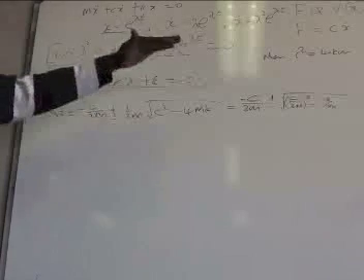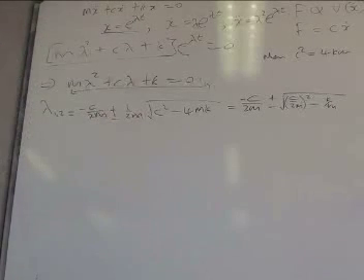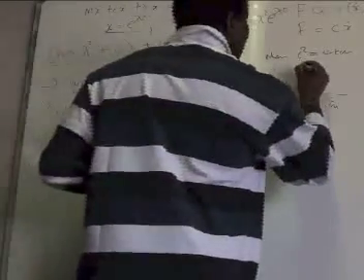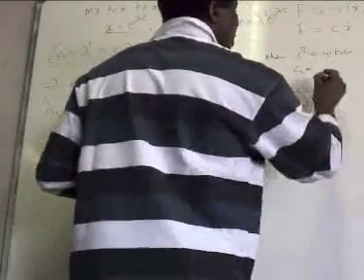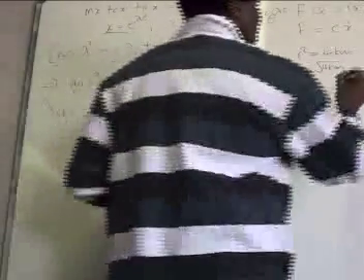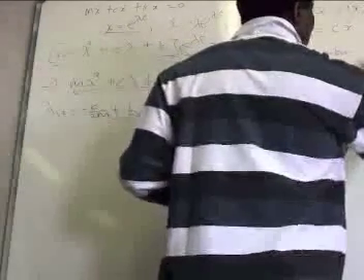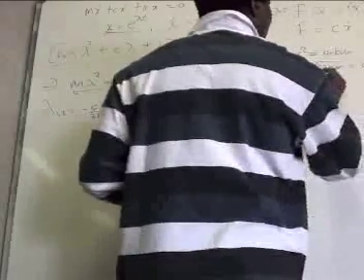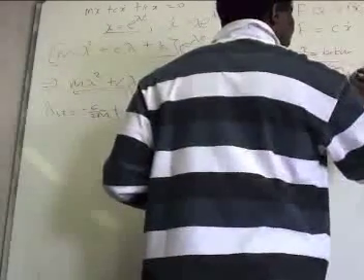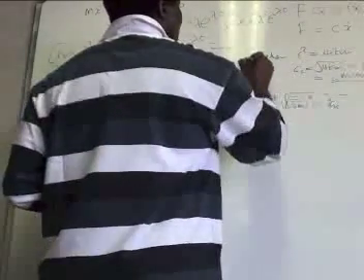And when a system is critically damped, the damping coefficient, we call it the critical damping coefficient, which means cc, the critical damping coefficient is root of 4km, which becomes what? 2 root km, which you can write as 2 m omega n. Omega n squared is equal to k over m.